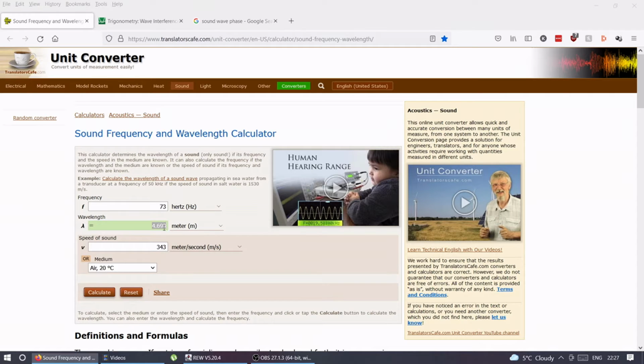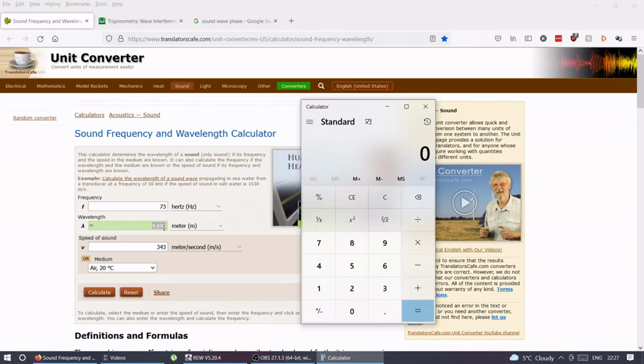So 4.7, if I divide it in half, that's half a wavelength, is 2.35 meters, which is roughly the distance between my head where I'm listening and the rear window of my boot. Yeah, so this is a cancellation lengthwise.